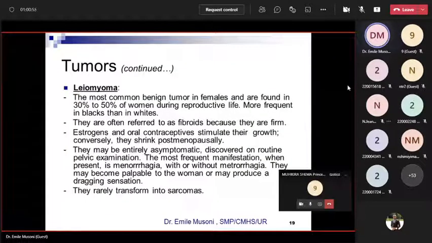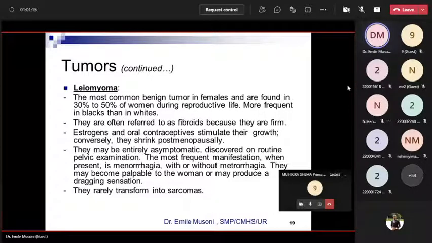The most common benign tumor of the body of the uterus is what we call the myoma. These are benign tumors of the myometrium. They are most common. They are found in 30 to 50 percent of women during reproductive life.